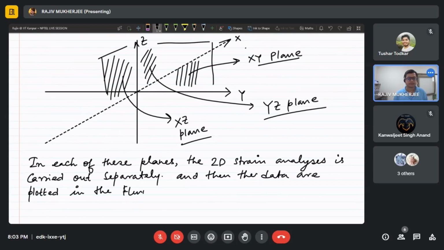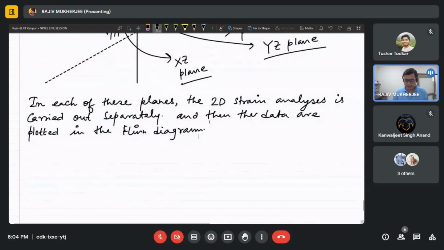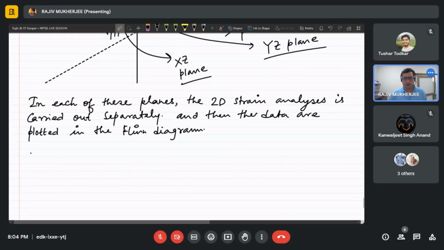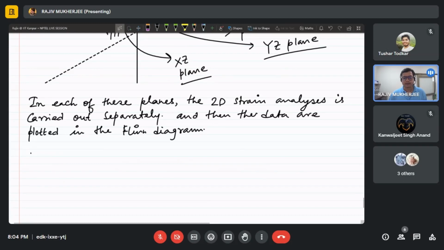So how is it being plotted in the Flynn diagram? Now in two dimensions we are measuring the aspect ratio by only one parameter, right? It is R, denoted by the long axis divided by the short axis. In this case we measure it, right? But in three dimensions we need two R, right?